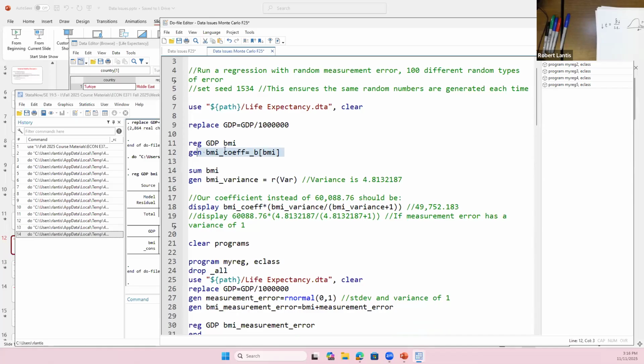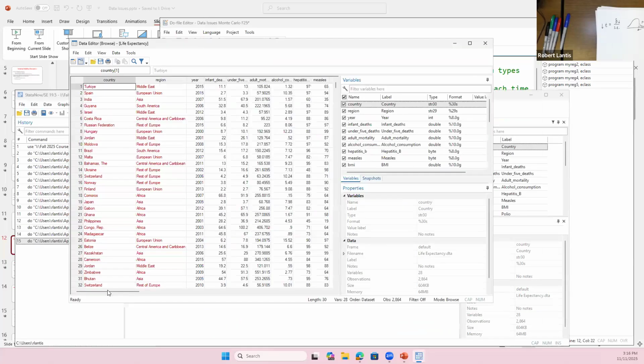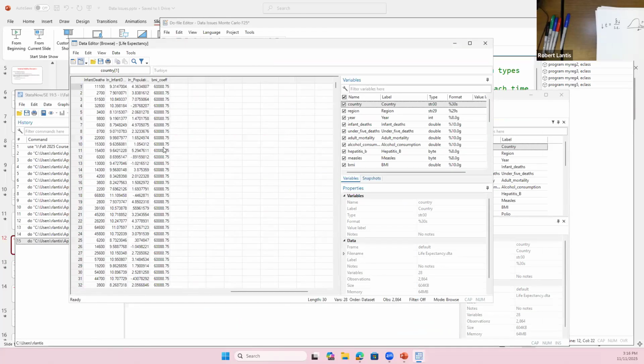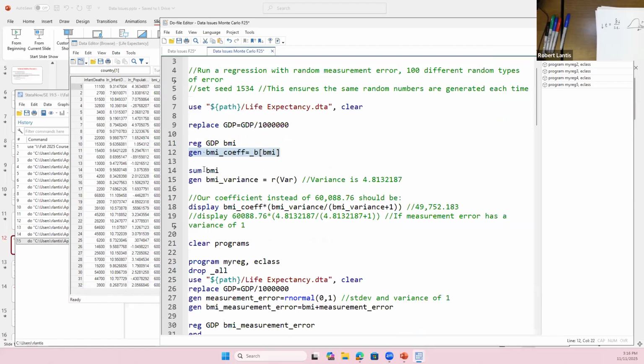So that's that BMI coefficient. I ran the regression, so we can use this underscore b. It's just going to save that BMI coefficient so I can go back and refer to it later on. I basically just stored that value in every observation. I'm also going to summarize that BMI variable, and I'm going to save its variance, because that was one of the other things.